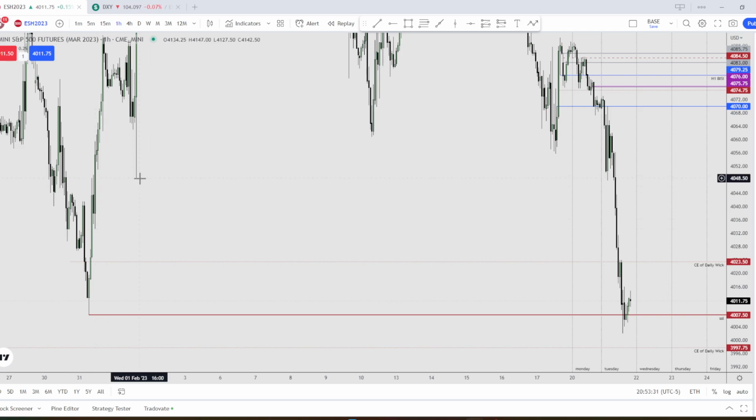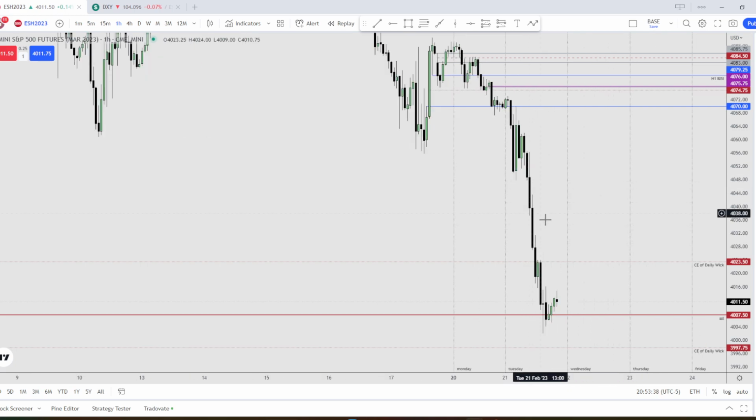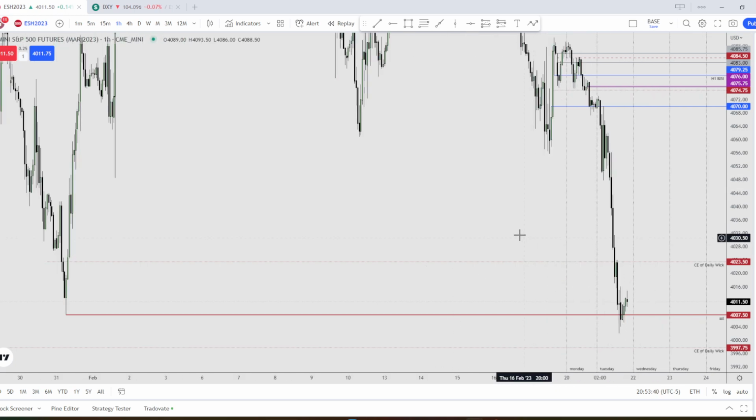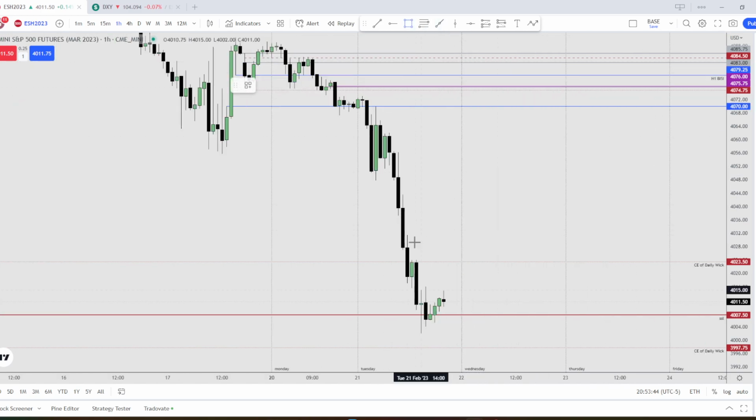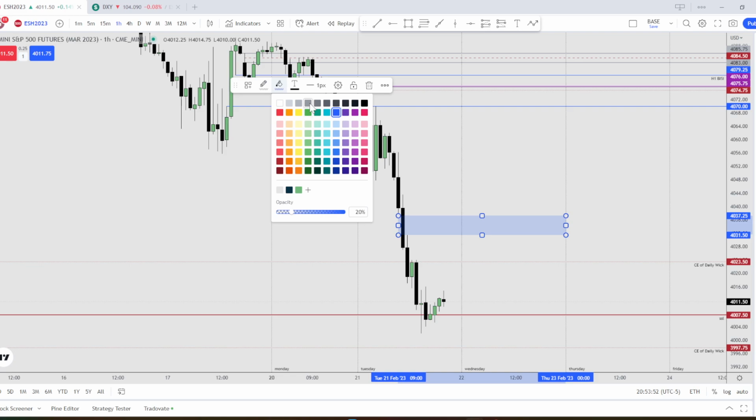Even though we had this huge CBs right down here, I don't think they're gonna reach into, they're gonna stay unfilled. So I like this fair value gap heading into Wednesday, right? I want to see if price reacts a certain way inside this area here.